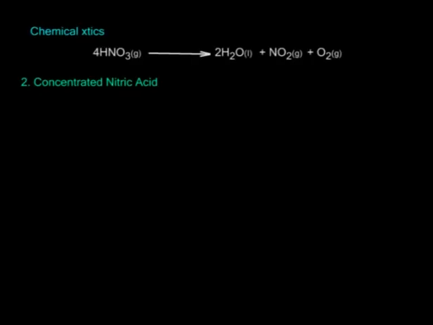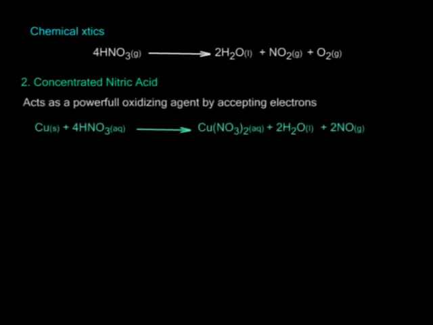Concentrated nitric acid acts as a powerful oxidizing agent. It does this by acting as an acceptor of electrons. In so doing, it is reduced to either nitrogen 4 oxide or nitrogen 2 oxide.